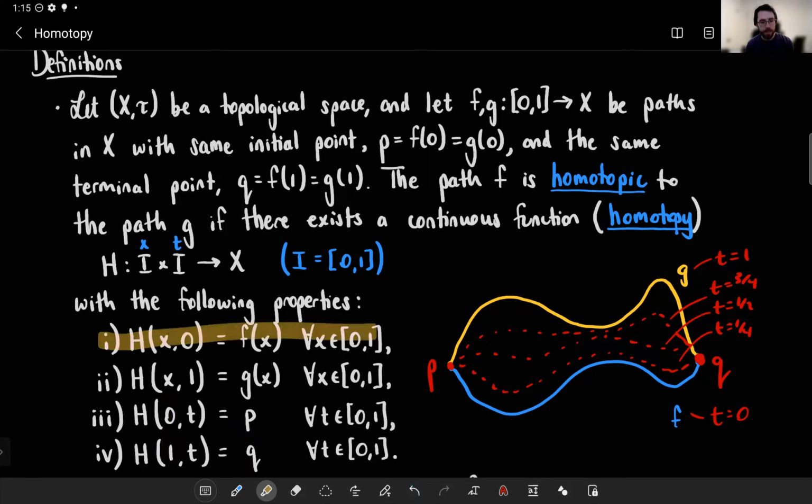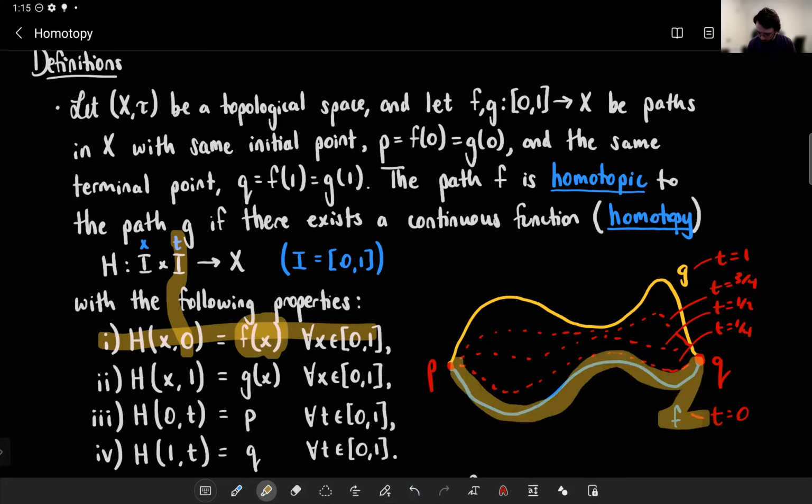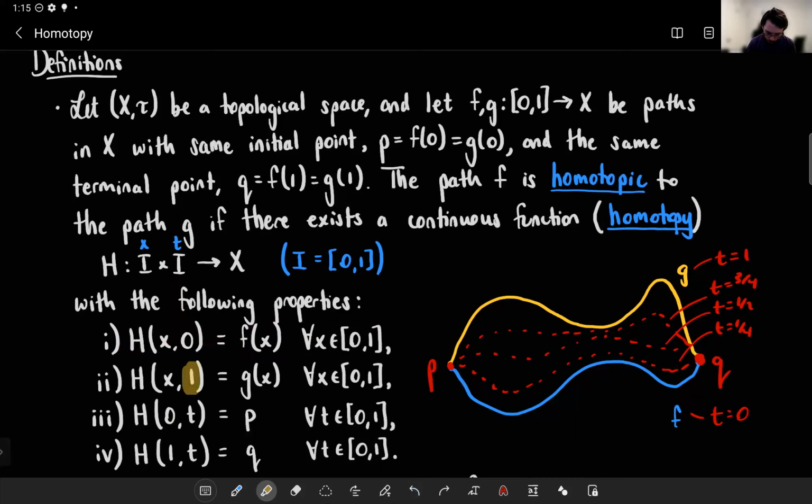The first property then means, well, looky here. This is time 0. At time 0, your homotopy should be spitting out the function f. That's exactly saying, okay, time 0, I want my homotopy to produce the blue curve. Similarly, at time 1, I want my homotopy to spit out the yellow curve, the function g.